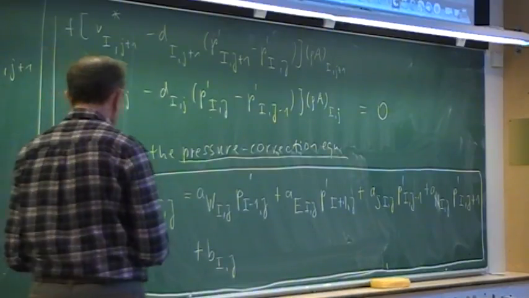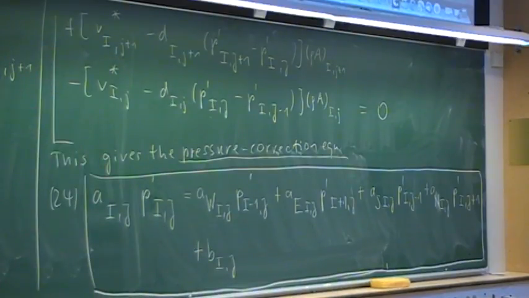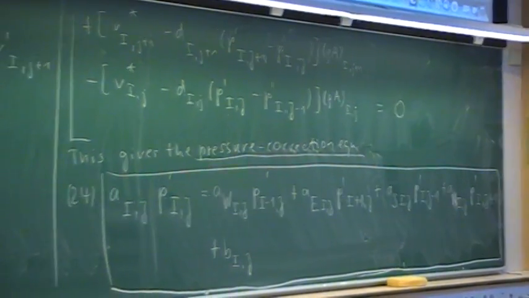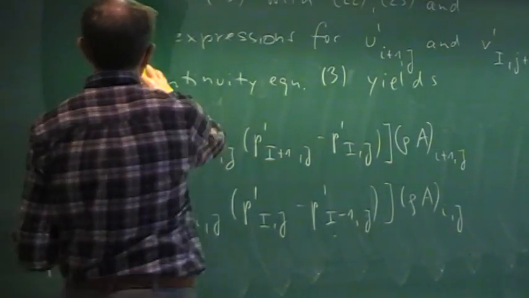So now the coefficients in this equation are what we get when we order the equation that we derive from the continuity equation.